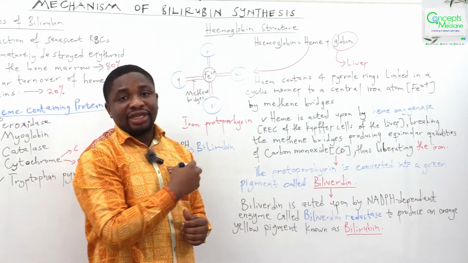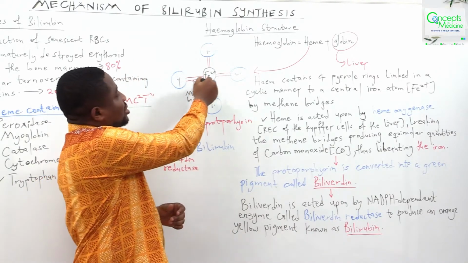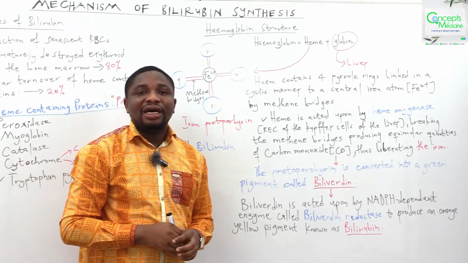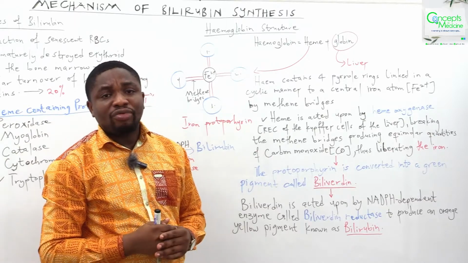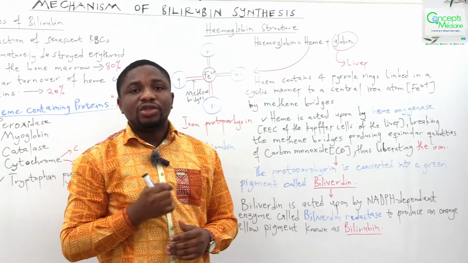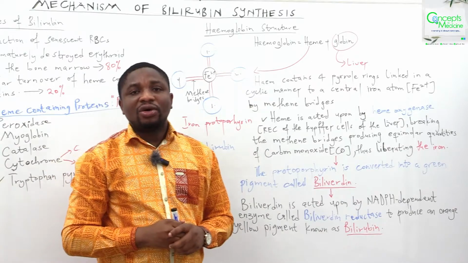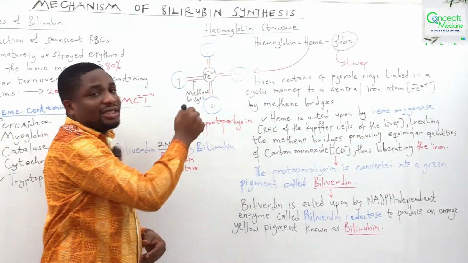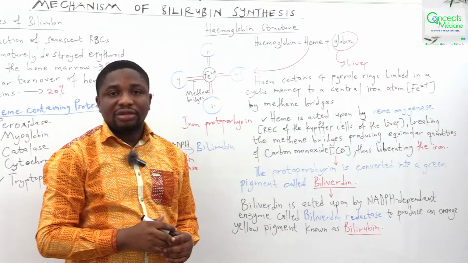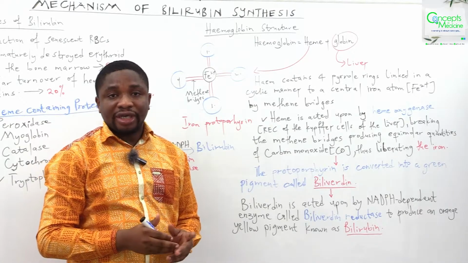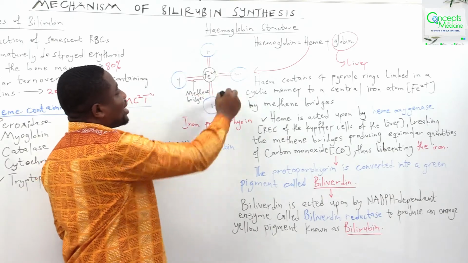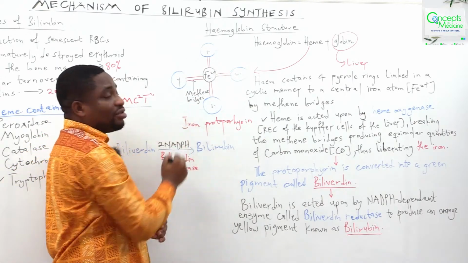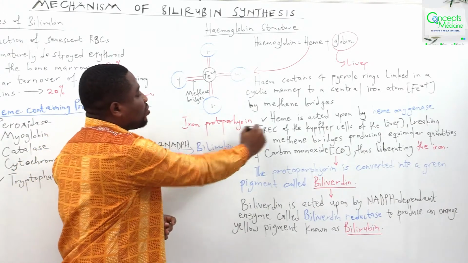The iron that is liberated, the iron atom at the center, is then carried by a protein we call transferrin to the liver, where it is stored as ferritin. When the iron is liberated, the remnant compound is referred to as protoporphyrin. That is why this whole structure is known as iron protoporphyrin. Once the iron is liberated, what is left is the protoporphyrin.